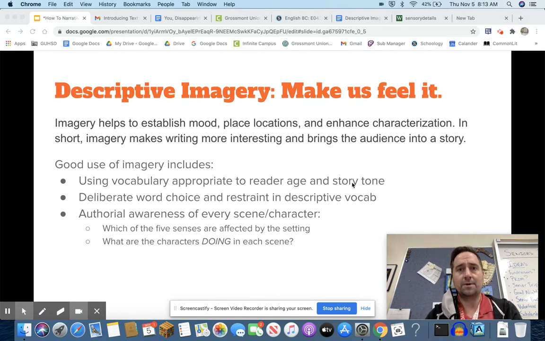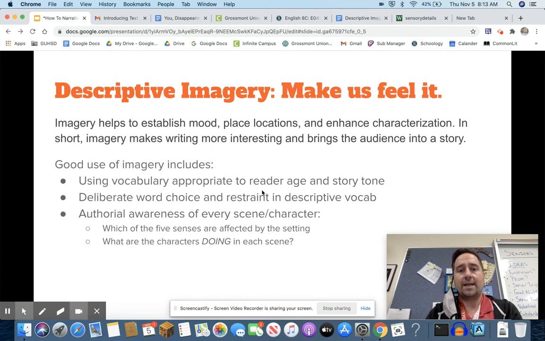Also, in the tone of your story, using funny words to describe things, if you're going for a dramatic tone, might not be appropriate. It's kind of up to you. And then being deliberate about your word choice and using restraint in descriptive vocabulary. Flowery language is fun, but sometimes you can overdo it. So be deliberate. Every word matters.